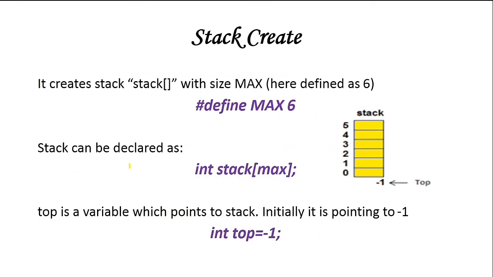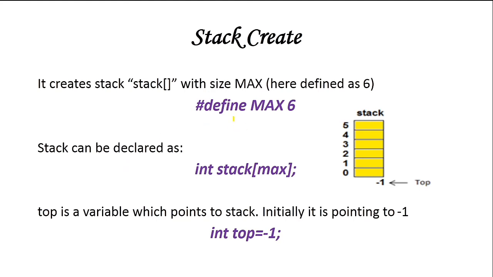So first thing, whatever you need to do is creating a stack, right? Initially you need to create an empty stack, then only you can insert the element into it. So this particular function is going to create a stack with size maximum.